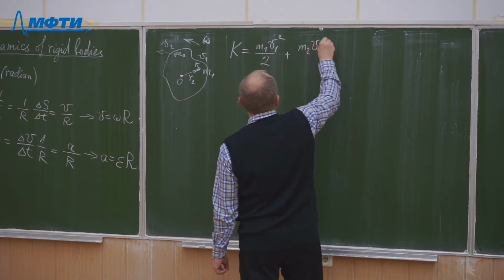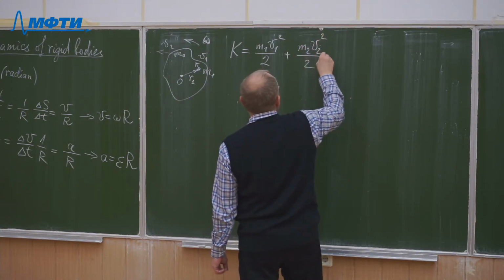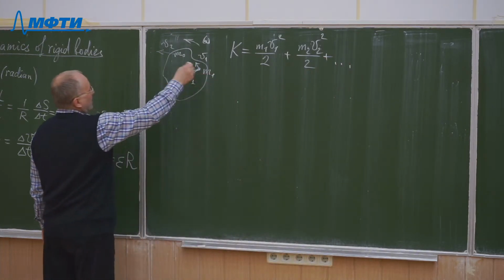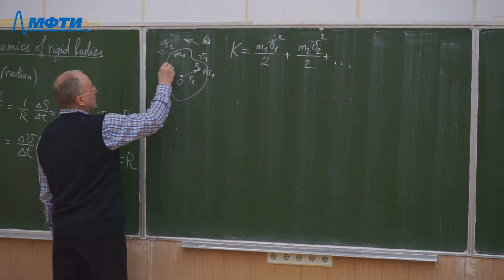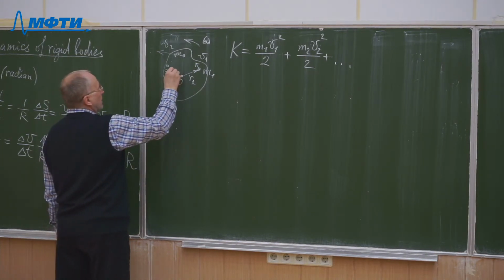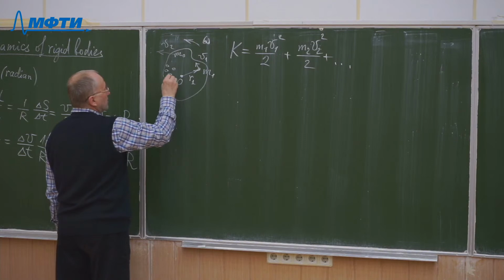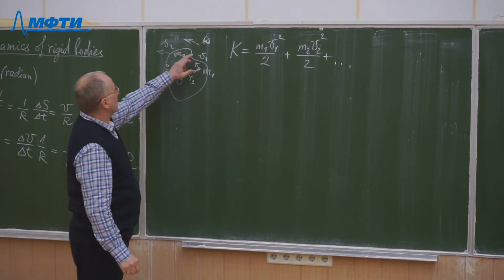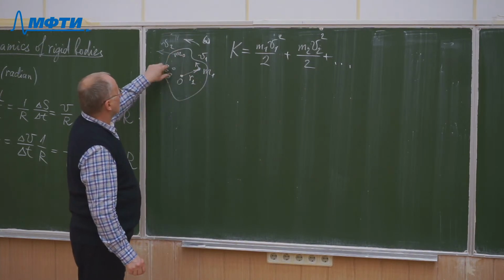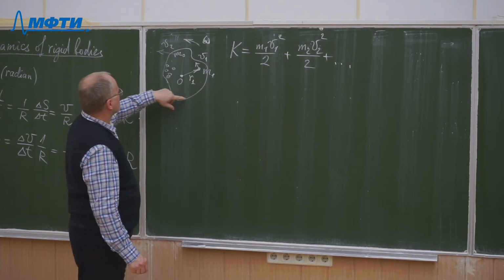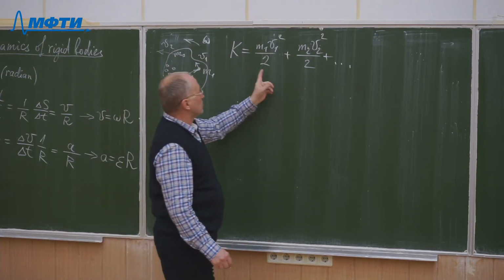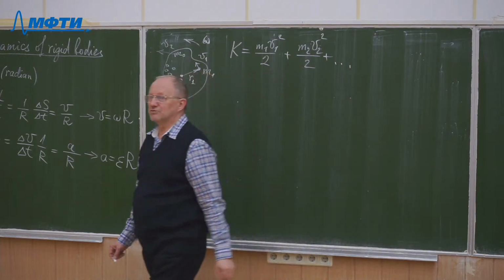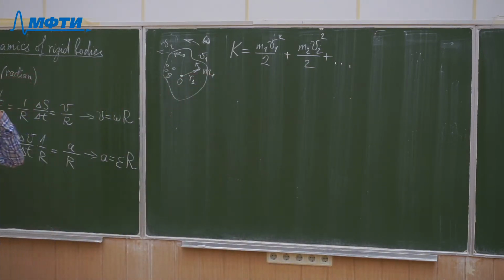It will be m2 v2 squared over 2, etc. We can divide this body into many elementary points, and each point will have its own kinetic energy. As many parts in this solid body as we choose, the same number of terms will be in this sum, indicating the kinetic energy of the rotating rigid body.